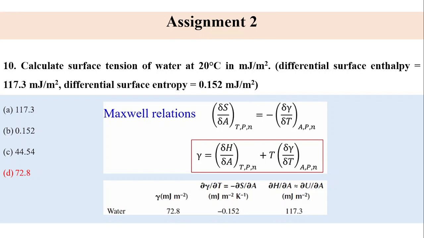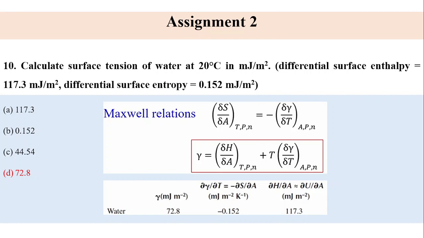It is the differential surface enthalpy, delta H by delta A. Differential surface entropy is delta S by delta A at constant T, P and N. And this is the differential surface tension, that is delta gamma by delta T at constant A, P and N.